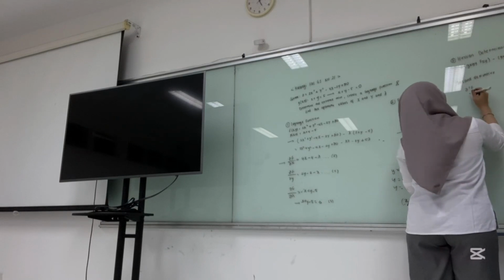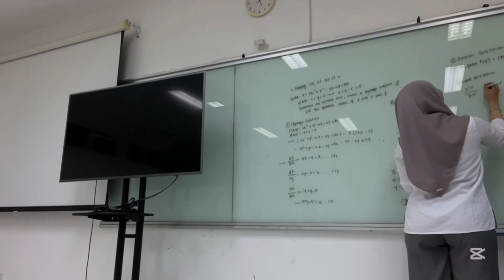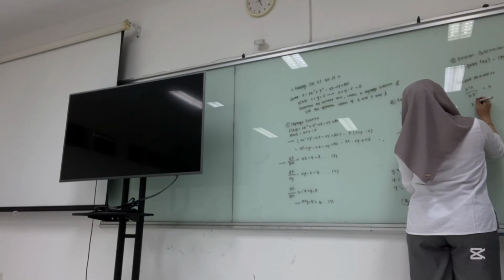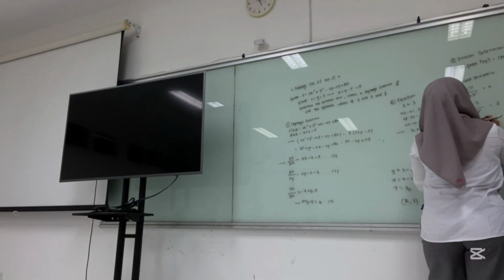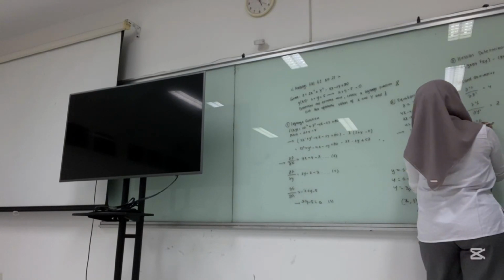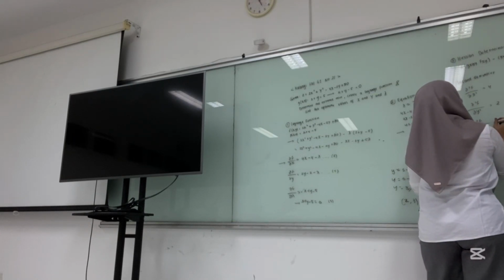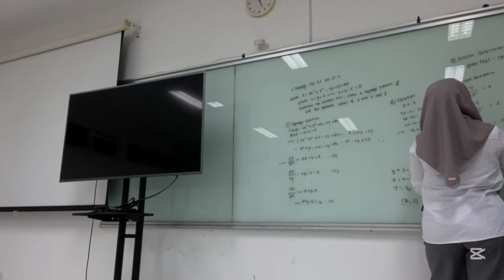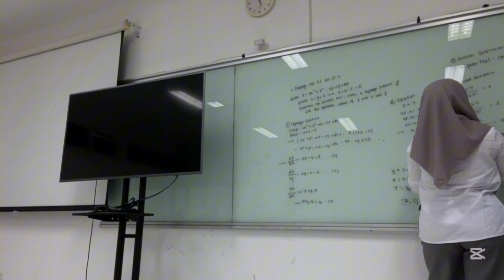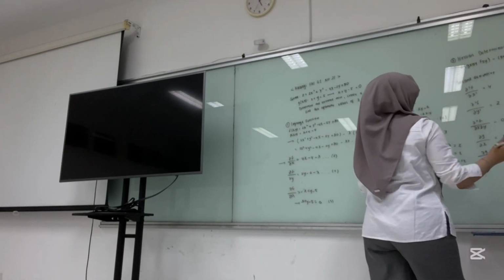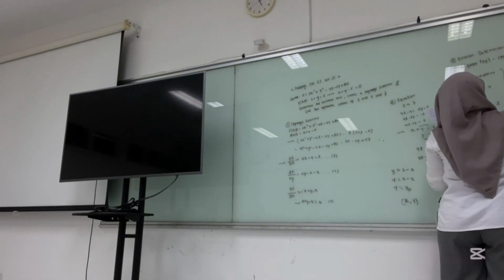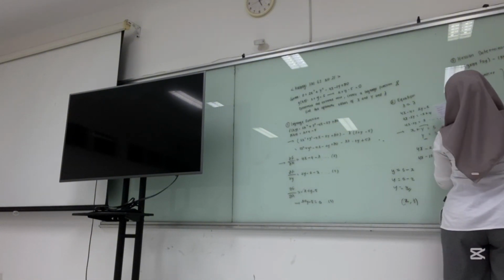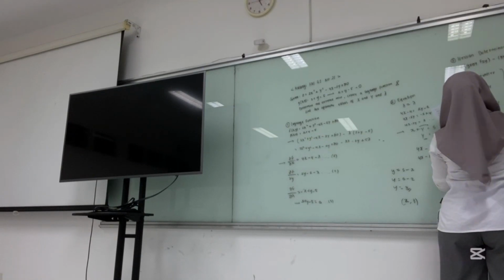So the second derivative with respect to x squared equals 4. It would be 2 brackets minus 1 times 1 times 0.